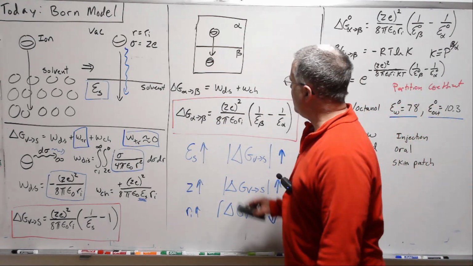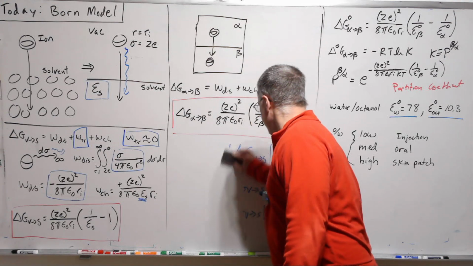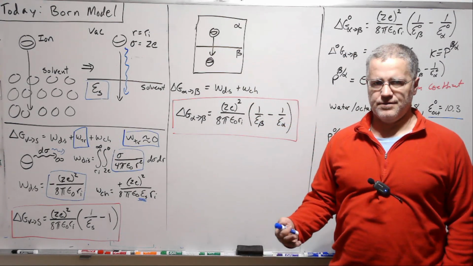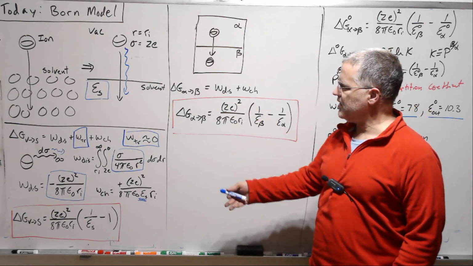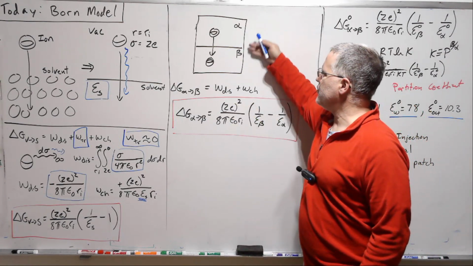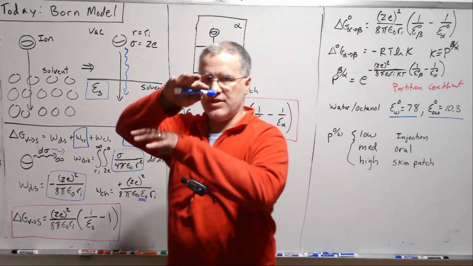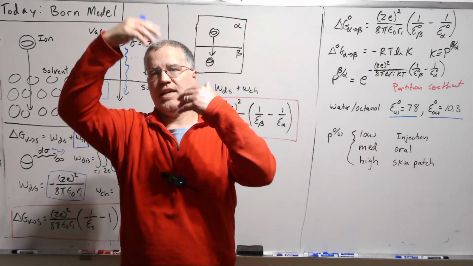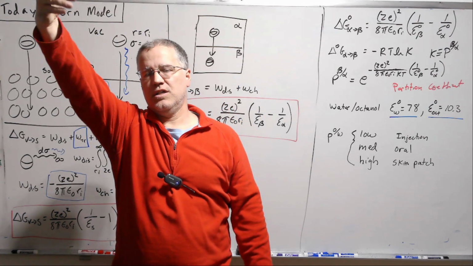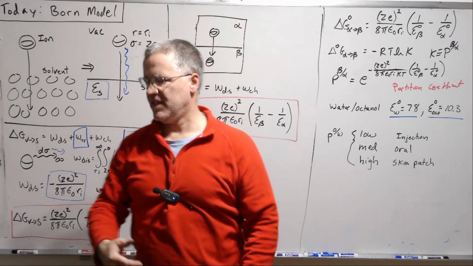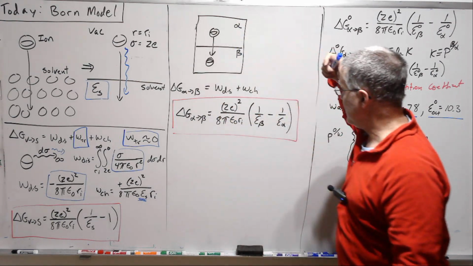All right. Well, that's interesting in and of itself, but a more practical use of this is when we're actually going between phases, alpha and beta. So let's say we have two liquids that don't mix, and we want to know what our delta G is for an ion to go from phase alpha to phase beta.